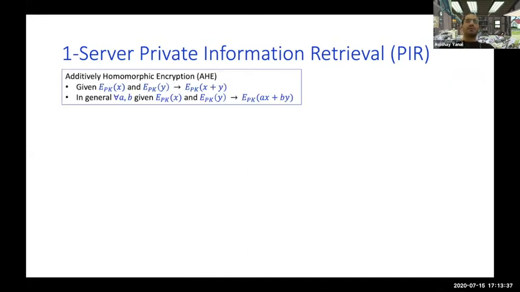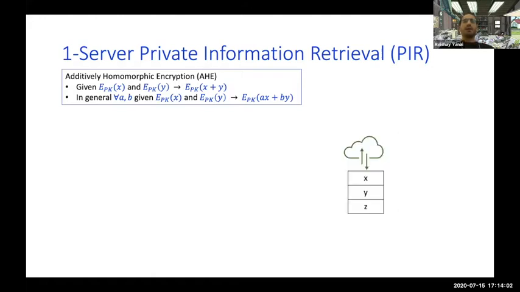In such an encryption scheme, having an encryption of X and Y, one can obtain an encryption of X plus Y, or in general, an encryption of any linear function of X and Y. Like in this example, one can obtain alpha X plus beta Y for any alpha and beta, sorry.